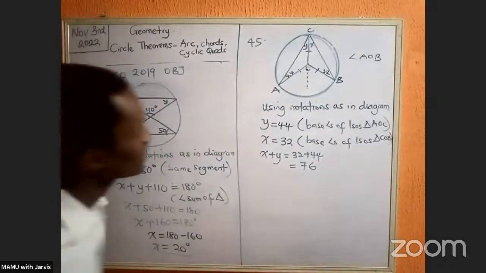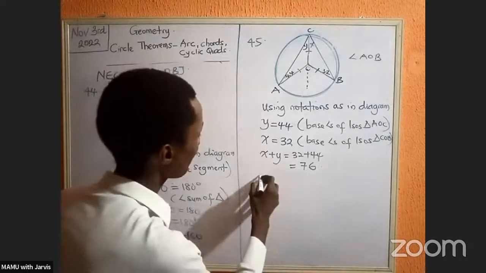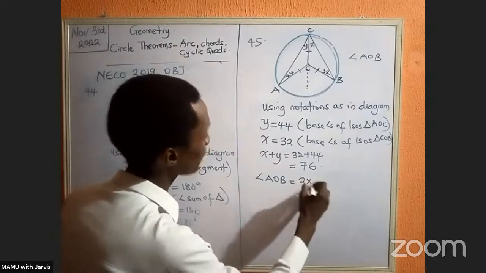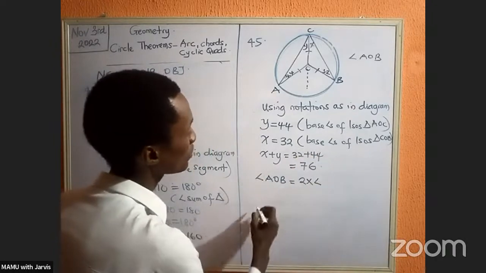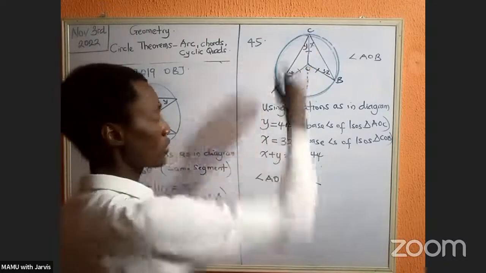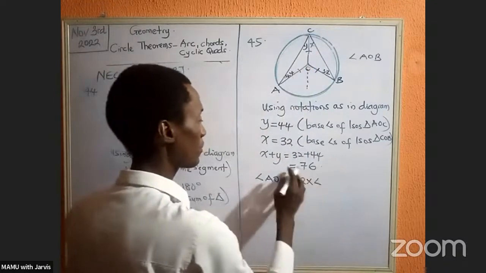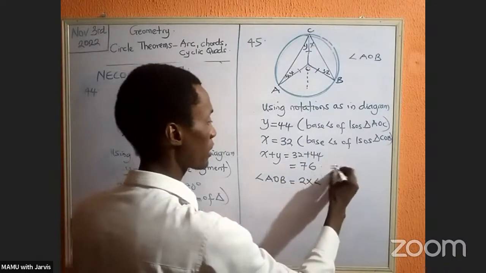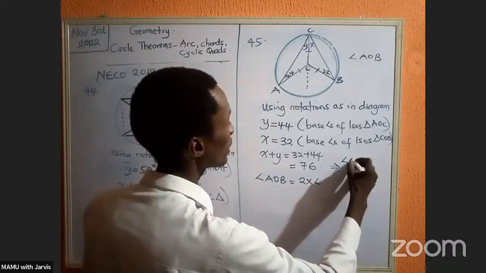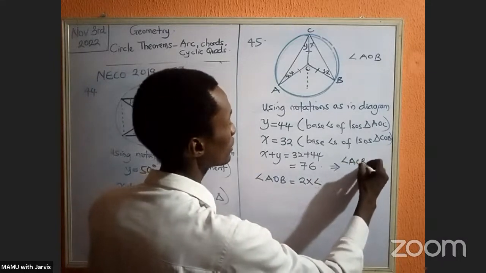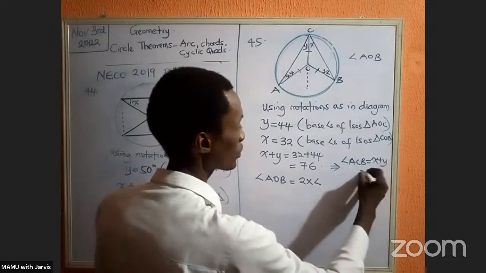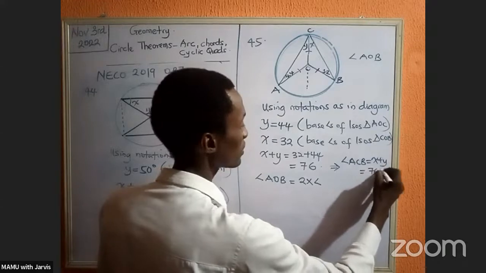So with that said, angle AOB will be equal to 2 times angle what? Now remember that X plus Y is actually angle ACB, which is equal to 76 degrees.